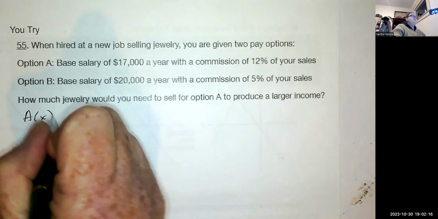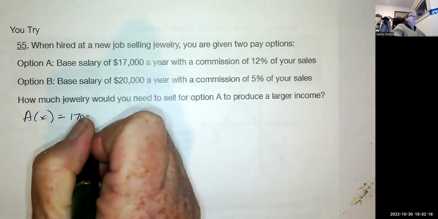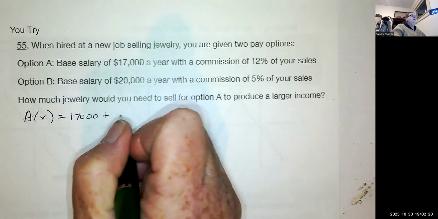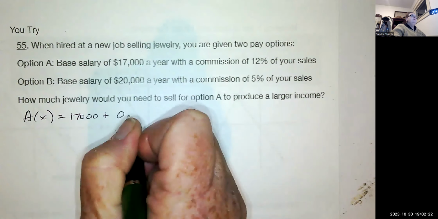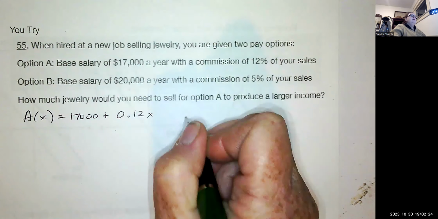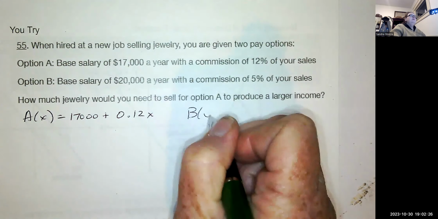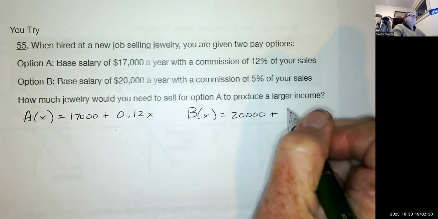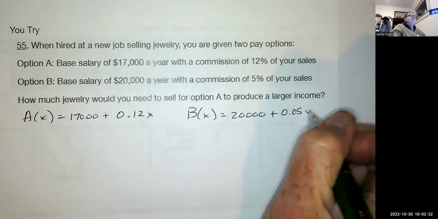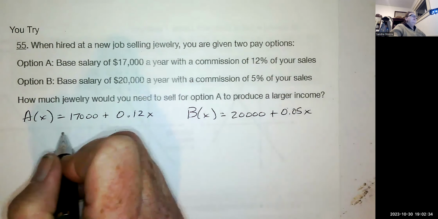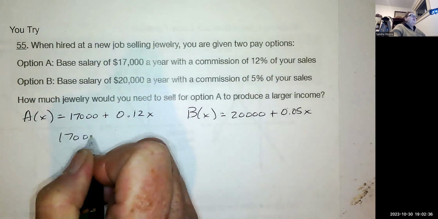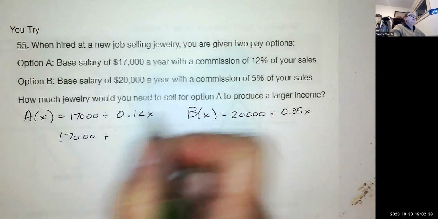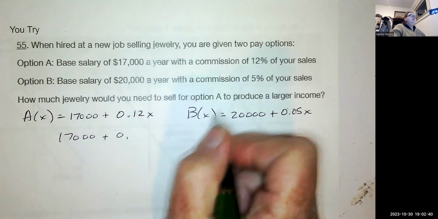A of x is the initial amount 17,000 plus a commission of 12% of your sales. Option B is $20,000 plus 5% of your sales. All right, let's set them equal and see at what point option A is better, because initially option B is paying more.